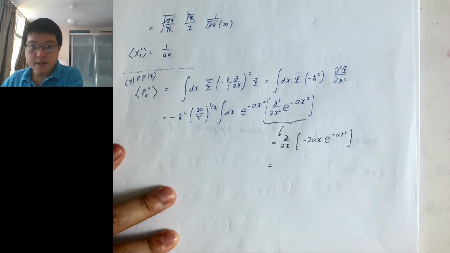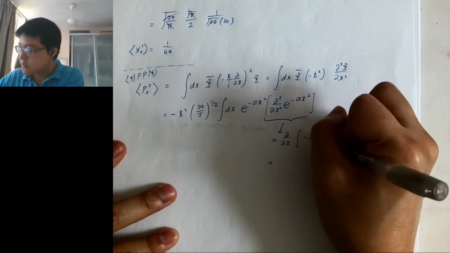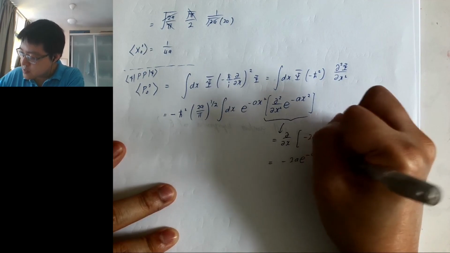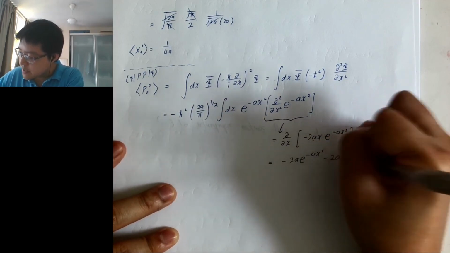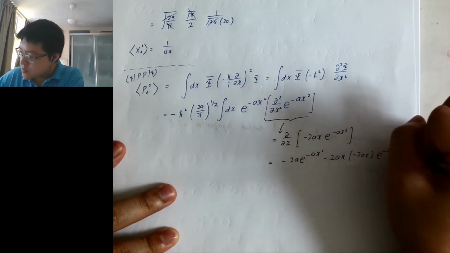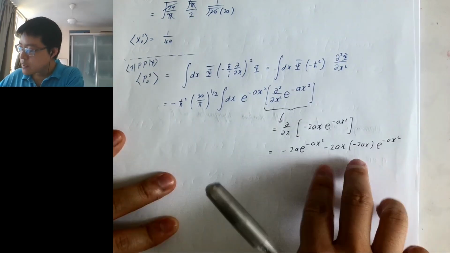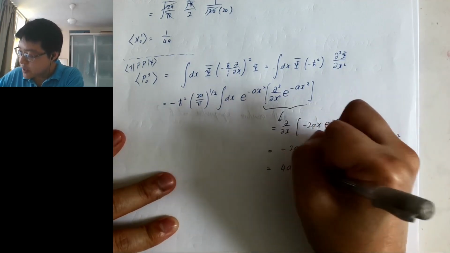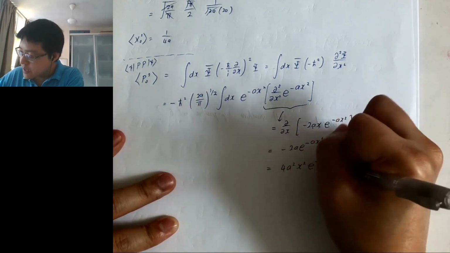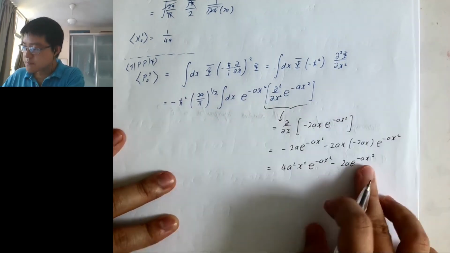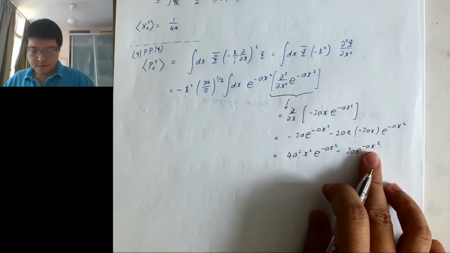Then you differentiate again. I get a product rule this time. The first term is minus 2a e to the minus ax squared, and then I get minus 2ax times the derivative of the exponential, giving me another minus 2ax. So the front minus minus becomes plus 4a squared x squared e to the minus ax squared, minus 2a e to the minus ax squared.